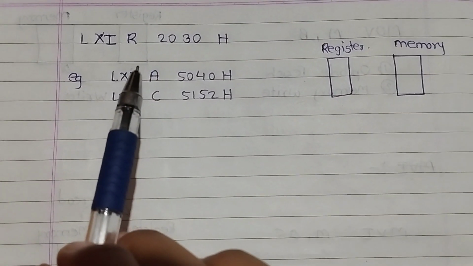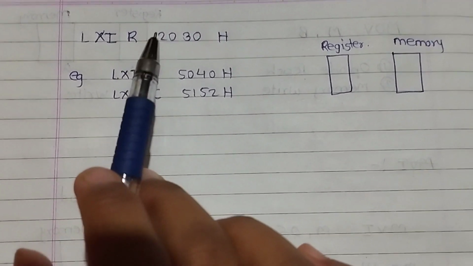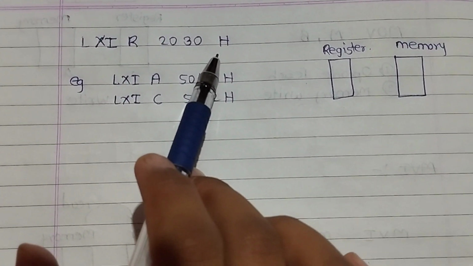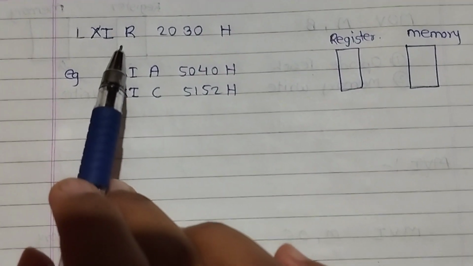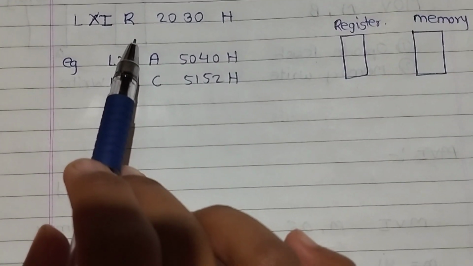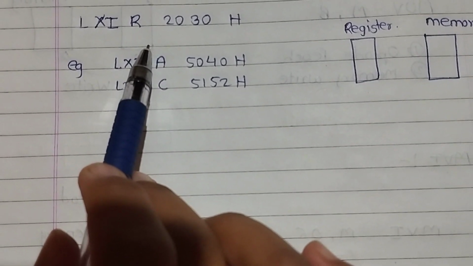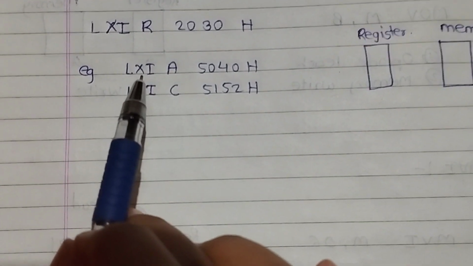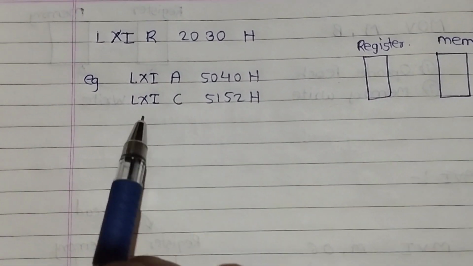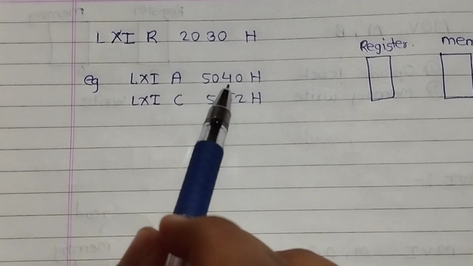Again the next instruction is LXI R and the data, which is 16-bit data, meaning load register pair immediately. Here R means register, any register, for example LXI A, LXI C, and this 16-bit data.